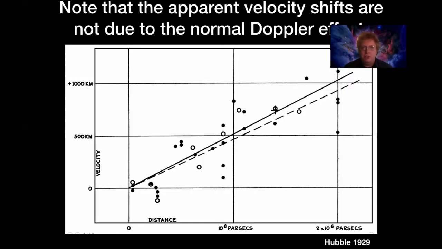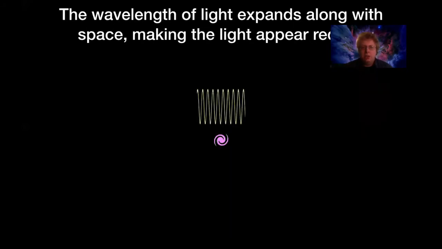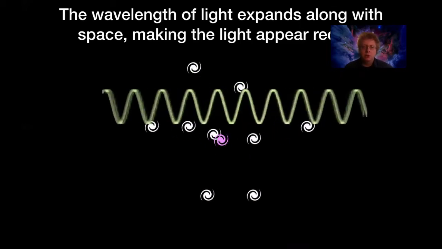Now, I want to note that in this model, the velocities that we see for these galaxies are not necessarily due to the normal Doppler effect. If you solve the equations of general relativity, what you find is that we're not necessarily saying that the galaxies are moving away. What we're saying is that space is expanding. And when that happens, the distances between galaxies get larger, but also the wavelength of light that they emit gets larger.